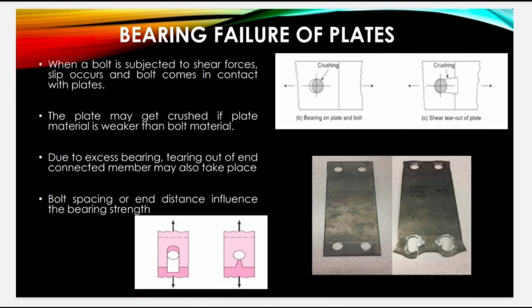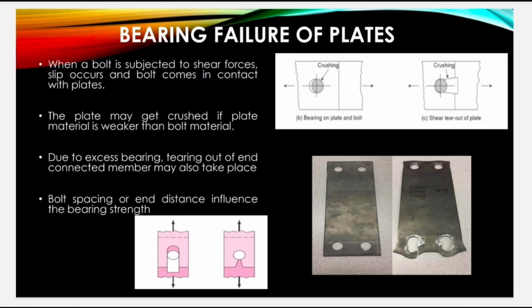Excess bearing and tearing out of the end of the member connection may also take place. I can show two images, the crushing and bearing of the plate and bolt, and shear tearing out of the plate. Bolt spacing or end distance influences the bearing strength.